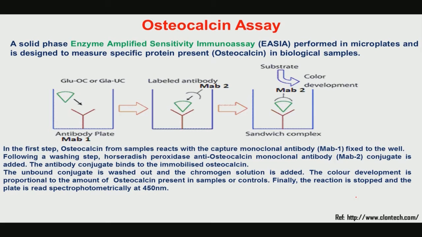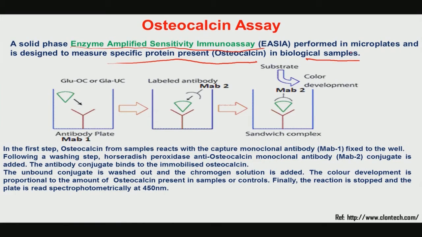Here one particular assay is performed, that is an immunoassay, the enzyme amplified sensitivity immunoassay. This immunoassay is performed in microplates and designed to measure a specific protein, that is osteocalcin, in biological samples.